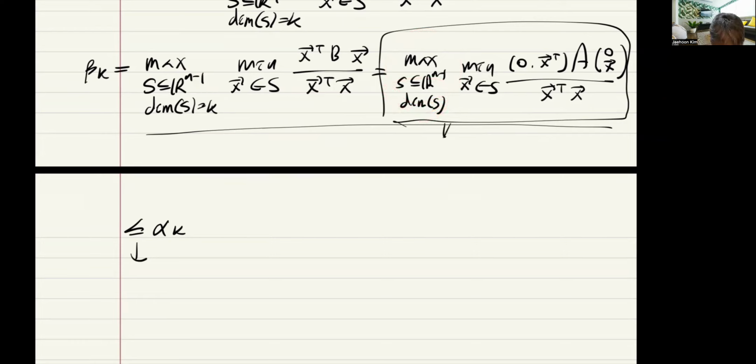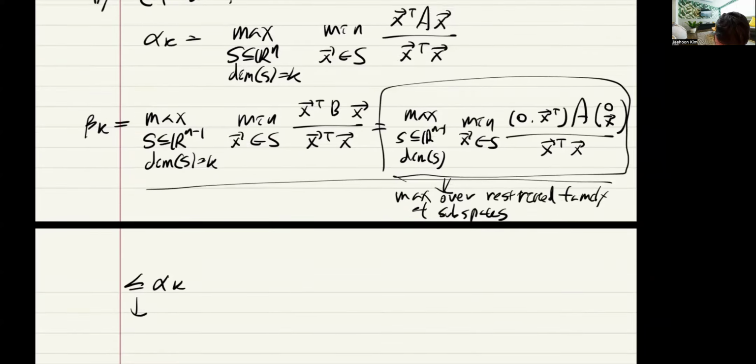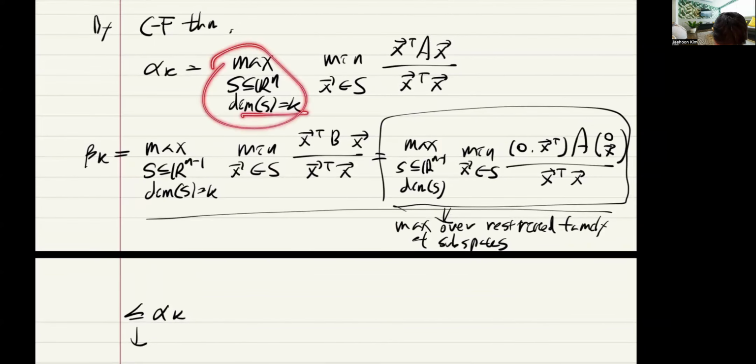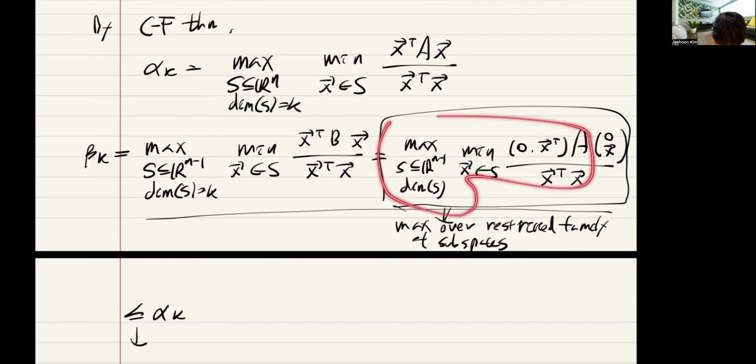So this is the maximum over some restricted families of subspaces, so that this is over all possible subspaces, and this is for the restricted one.